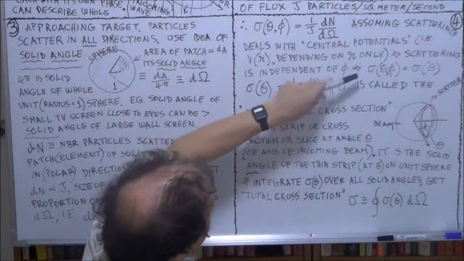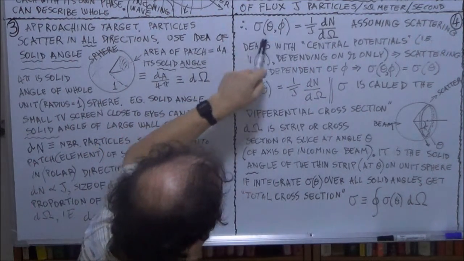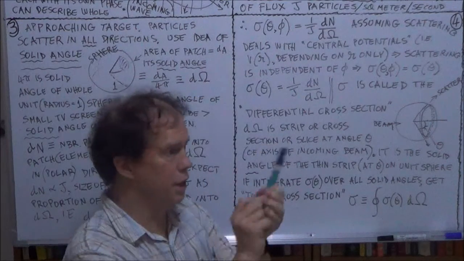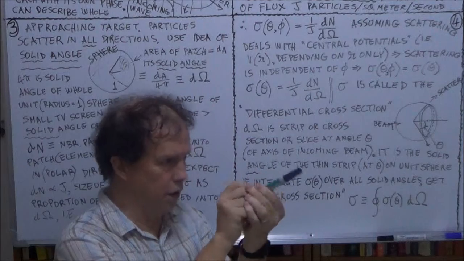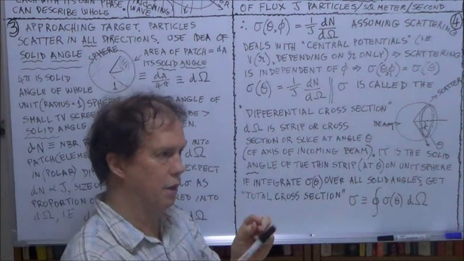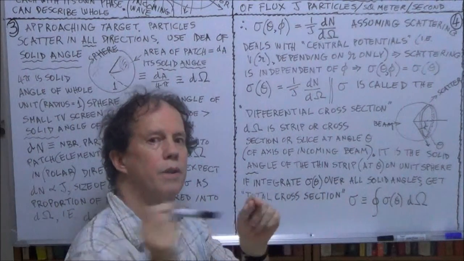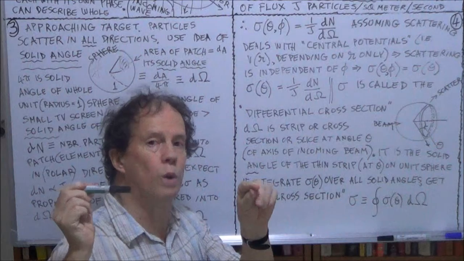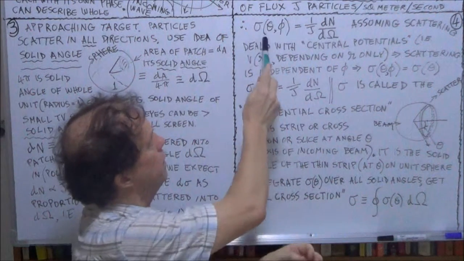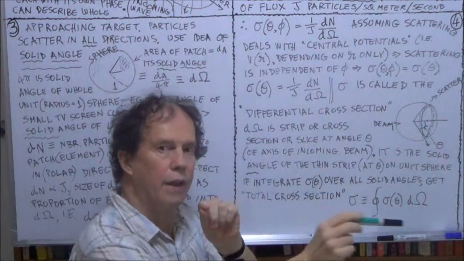In that case, this term here will not depend on phi. Obviously it'll depend on theta, since you're scattering. Most of the particles will go clean through. They'll hardly be scattered at all. So this will be maximum when theta is nothing.